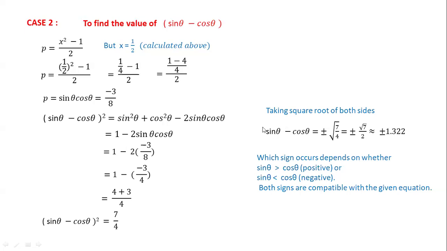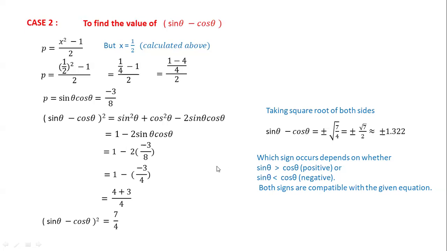If sin theta is greater than cos theta, then you will get a positive value, that is plus 1.322. And if sin theta is less than cos theta, it will be negative, that is minus 1.322. So both signs are compatible with the given equation. So you get two values for this.